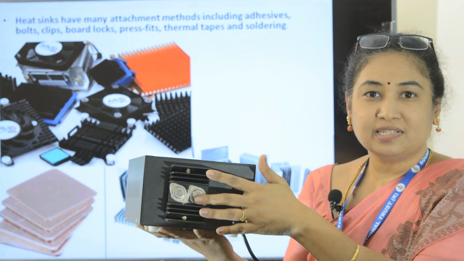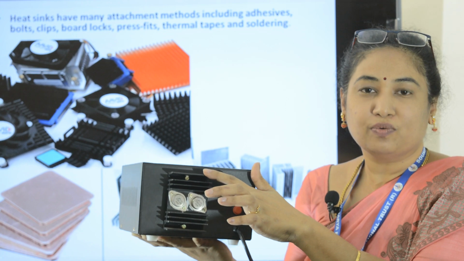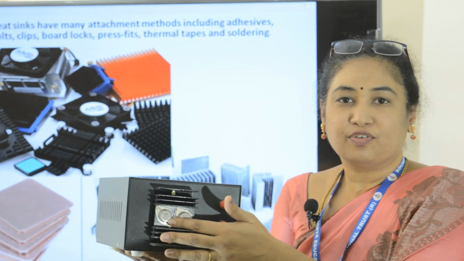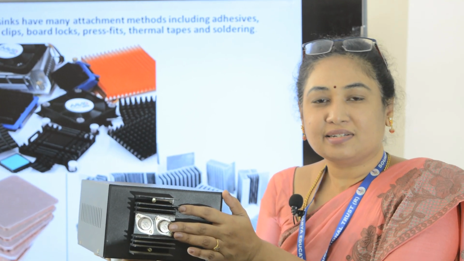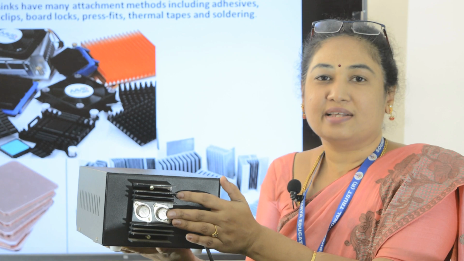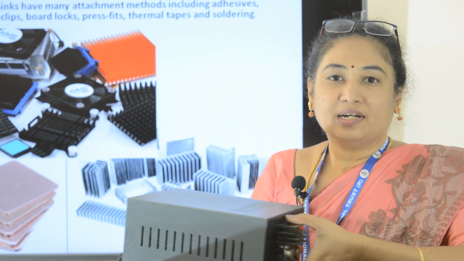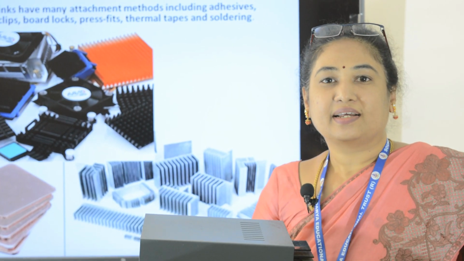If the temperature increases, this heat sink is going to remove all the heat out of the system. Therefore heat sinks protect the transistor and keep it from going into thermal runaway.